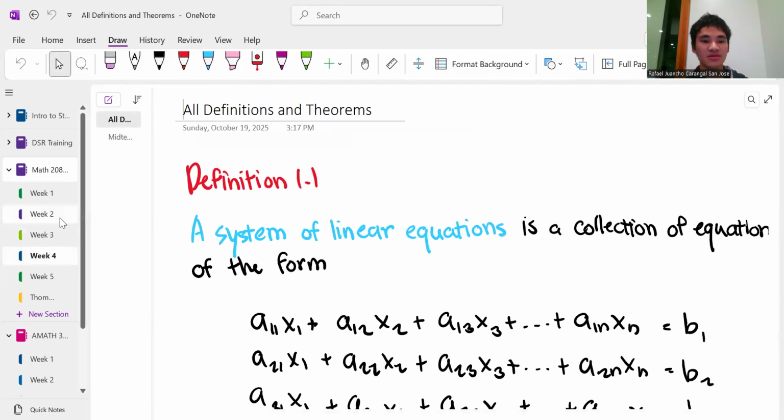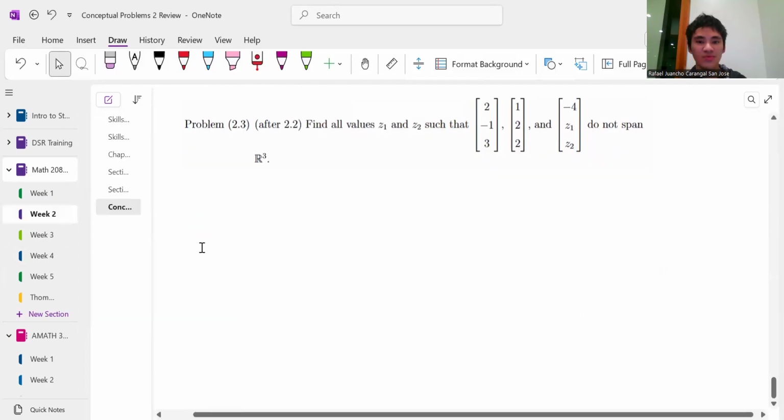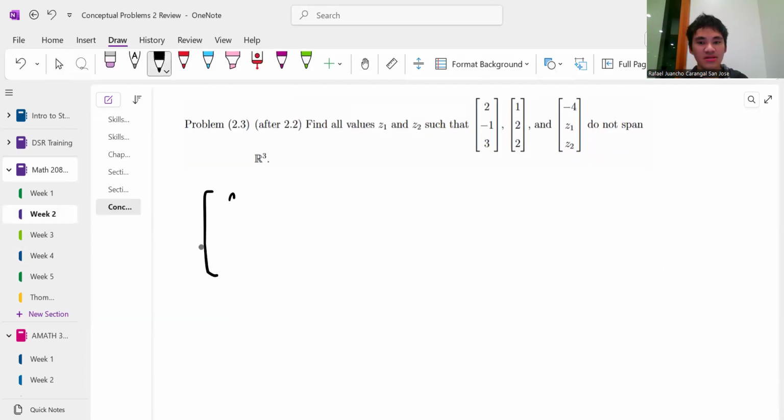So we want to check, so we do a matrix, right? So we just copy all of this down, and we want to check if there's a pivot position in every row.